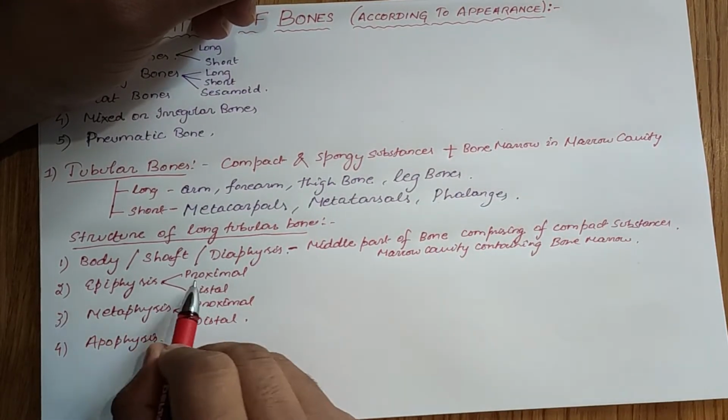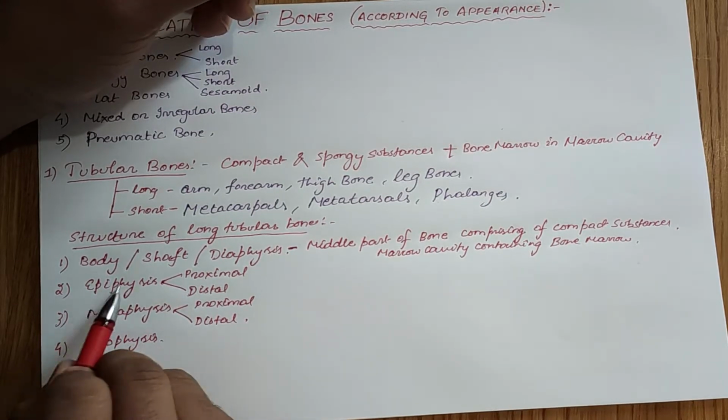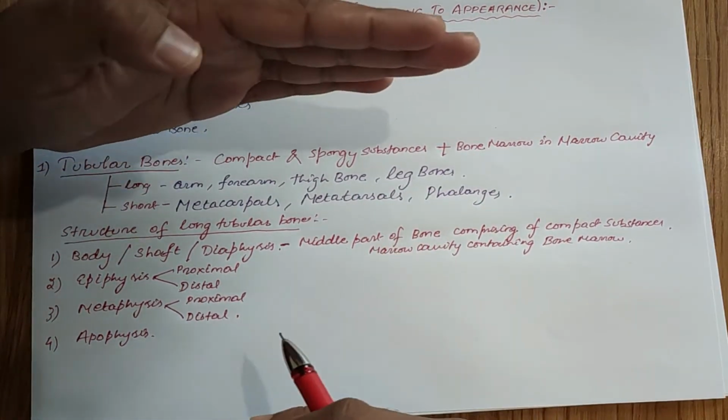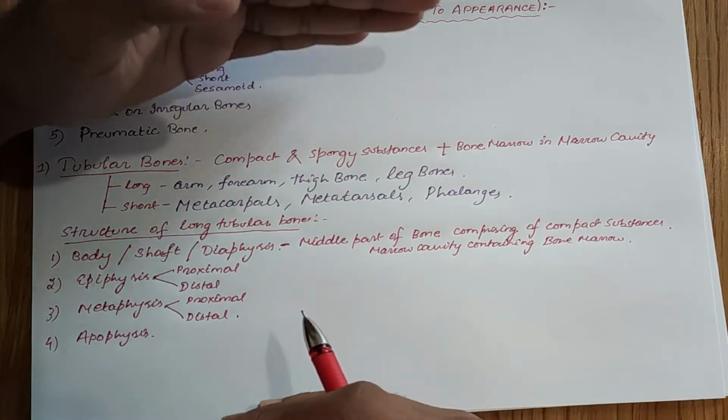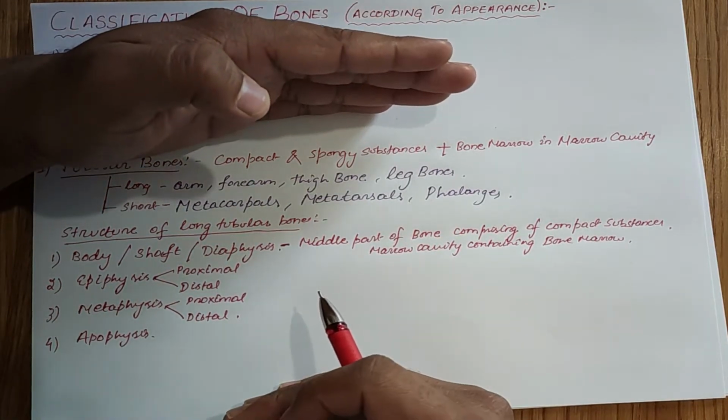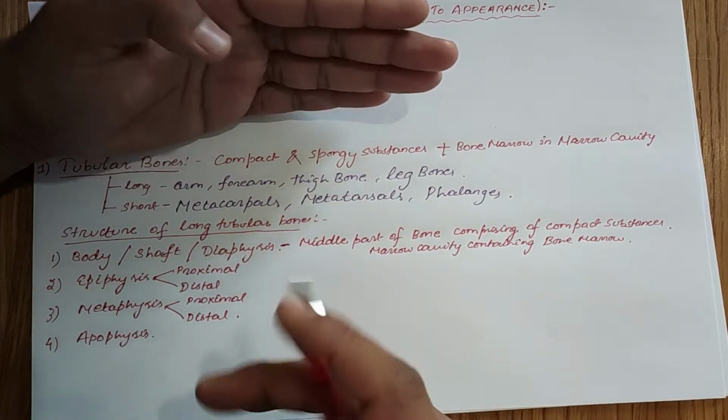Epiphysis is divided into proximal and distal. Epiphysis is the part of the bone present at the ends, the articulating surfaces or articulating ends of the bones.